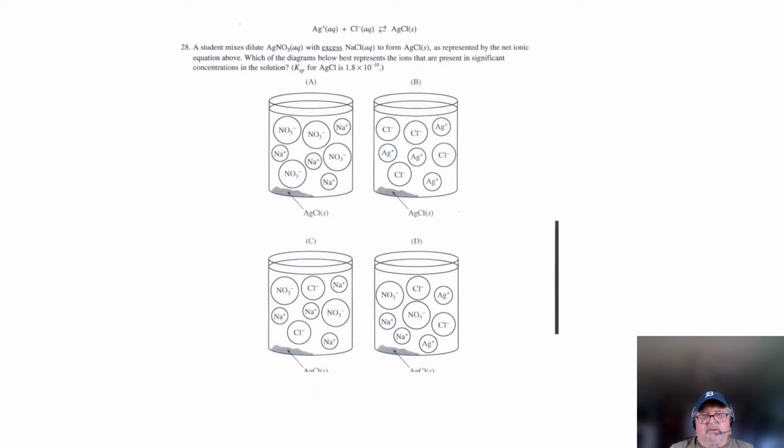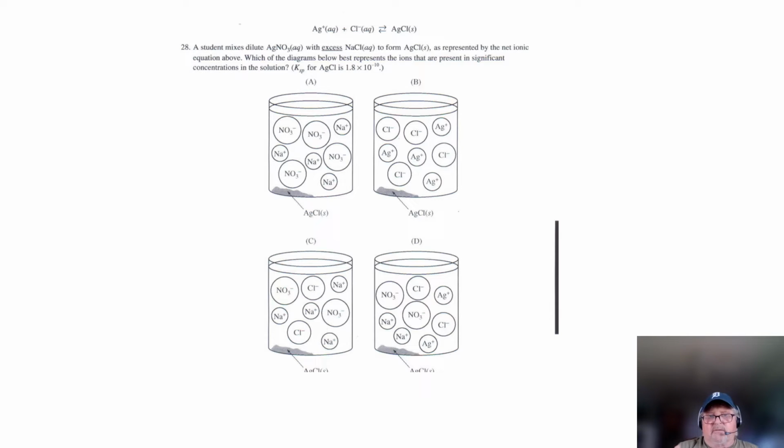It gives you Ksp. You really don't need to know this a whole lot. The only thing you have to know is that what this tells you is that just about all of the silver chloride has become a solid.